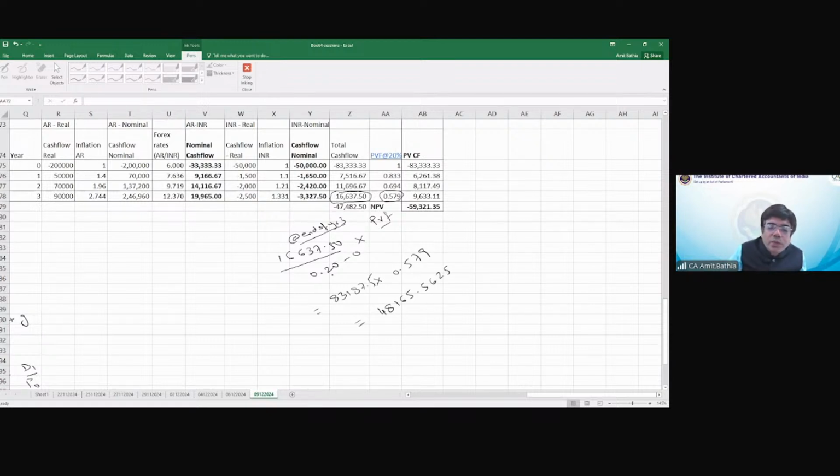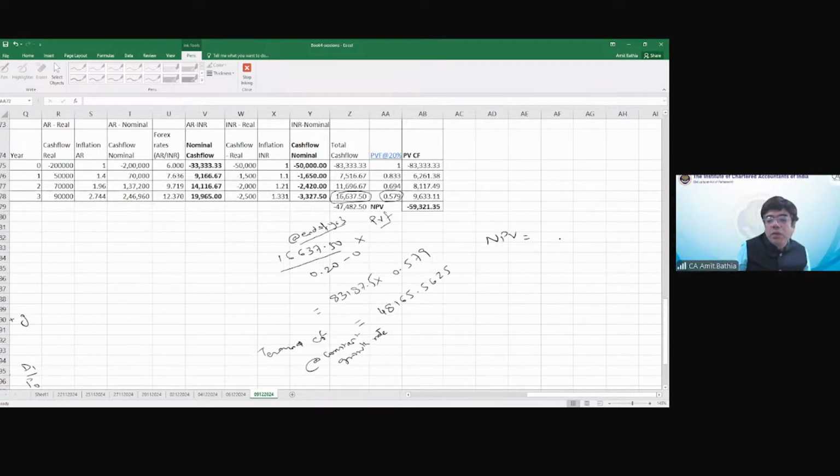Now remember, this is a positive cash flow, as 16,637 was positive. This is called the terminal cash flow at constant growth rate.